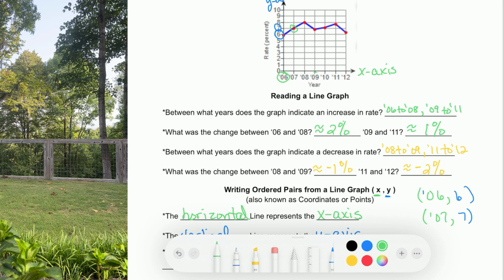Our third plot is 08. And the y section of that is 8. Our next one is 09. Probably should have written smaller, huh? And then it is connected to the 7 over here.